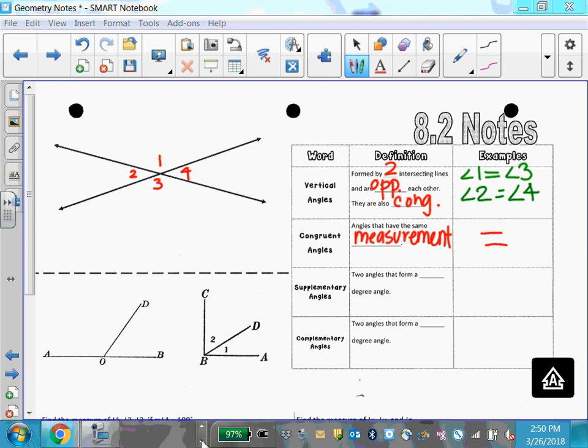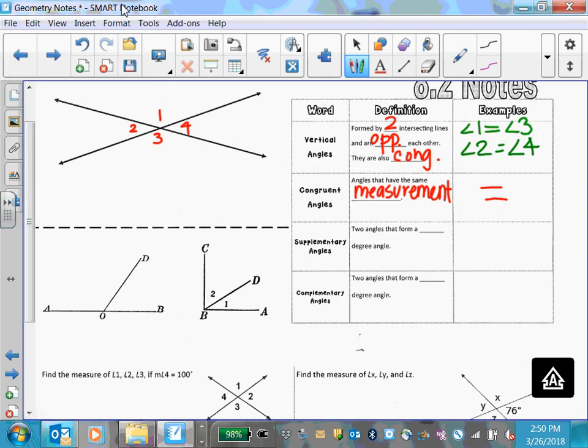Questions on vertical angles? You have probably heard these words before, supplementary and complementary. If you know your alphabet, you can do these. Two angles that form 180 degrees are supplementary. Two angles that form 90 degrees are complementary. C comes before S, and 90 comes before 180.